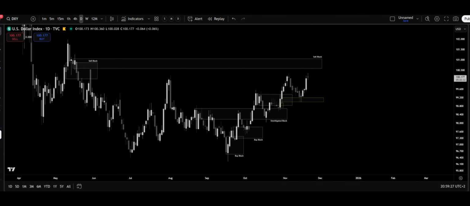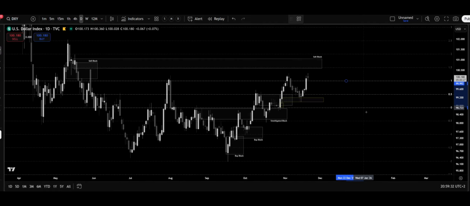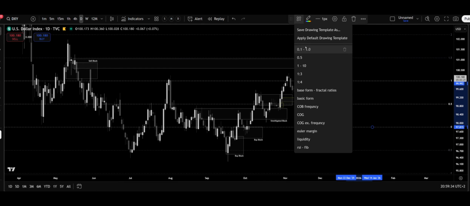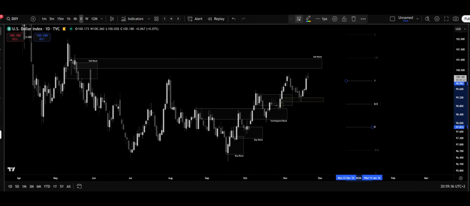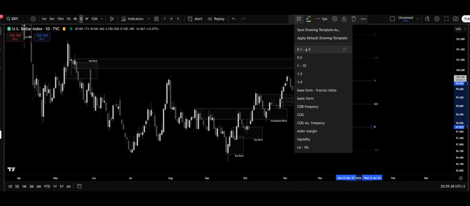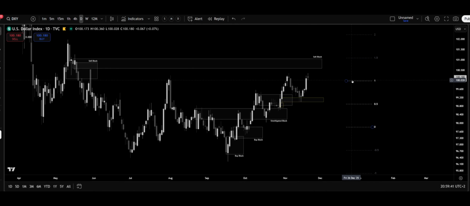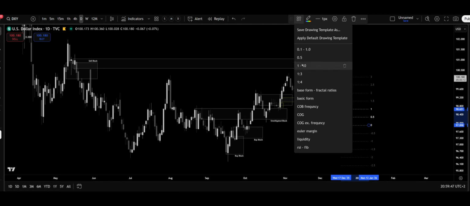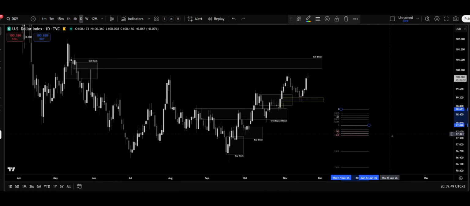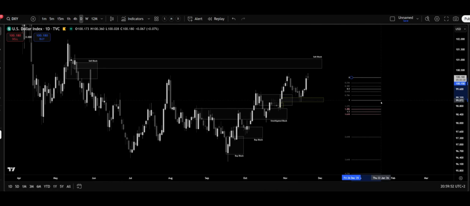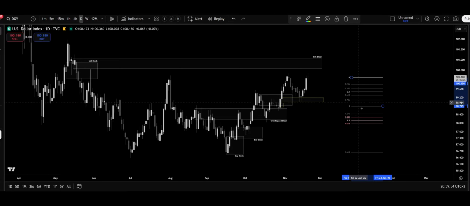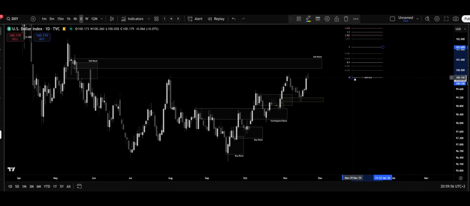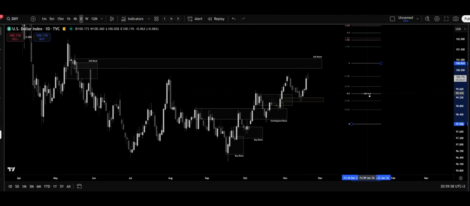So you have a linear, let me just show you. You have this, okay, where the distances are equal, so this is the linear, and we have the fib, where the ratios have a context, the natural context of Fibonacci ratios.